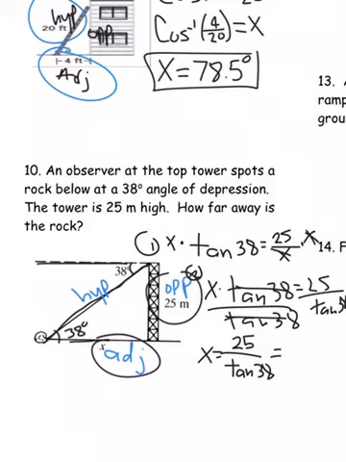Let me double check that. But I think it rounds up to 32 is what winds up happening. Yeah, 31.9985, which at that point is fair enough to round to 32 meters.